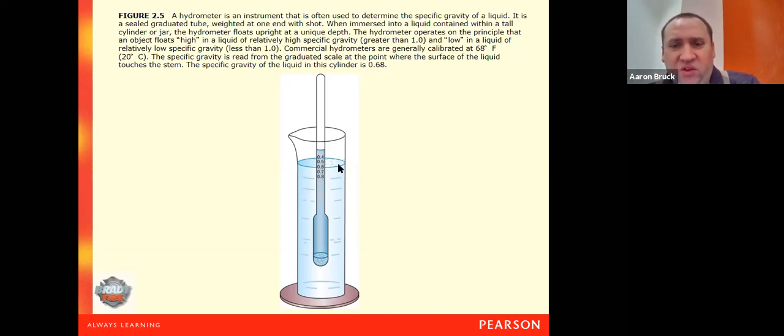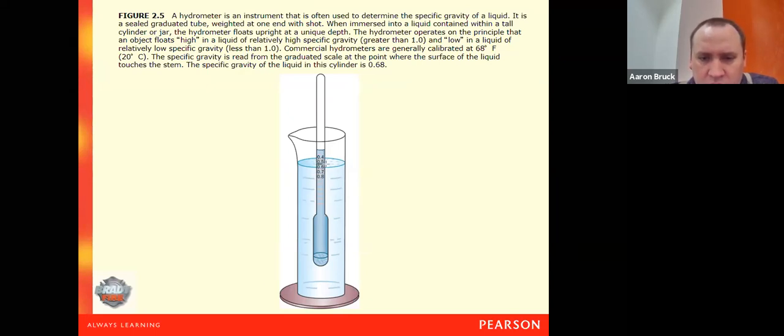And so what we can do is look at this and say, okay, based on where the meniscus touches the line, if this line here is 0.6 and this line here is 0.7, the meniscus is between the two.